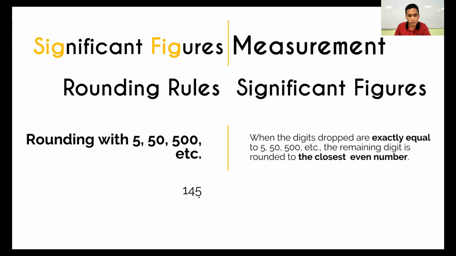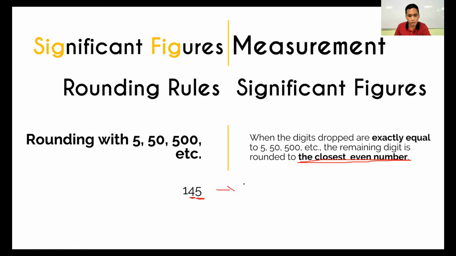As you can observe, it is exactly 5, and the next digit, the tens place, is an even number. So round to its closest even number. For an even number, you retain the original number.